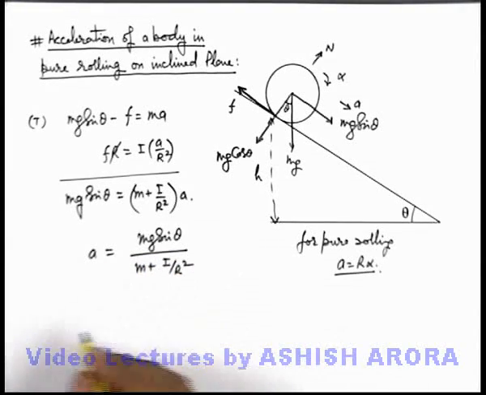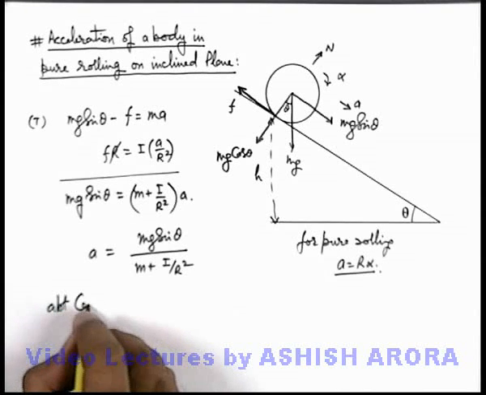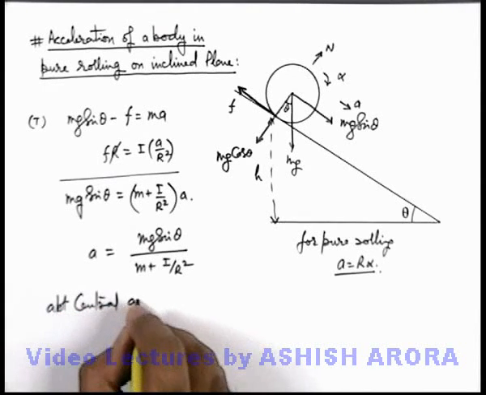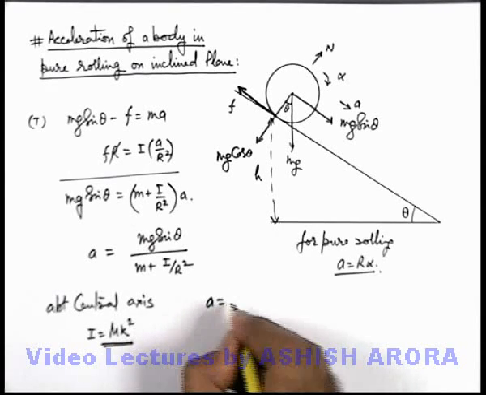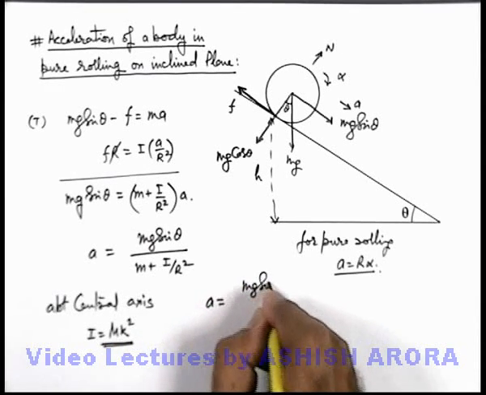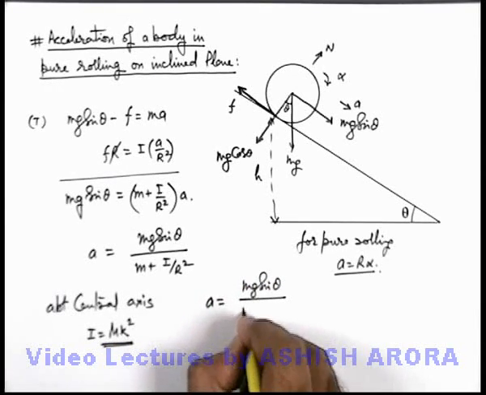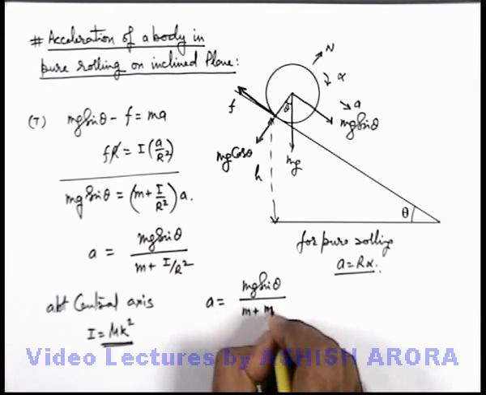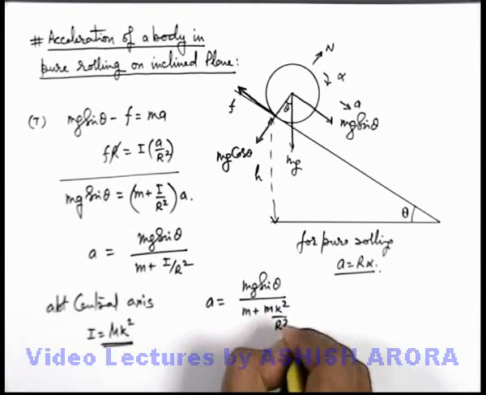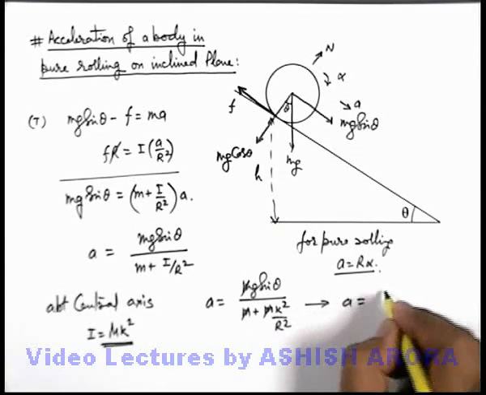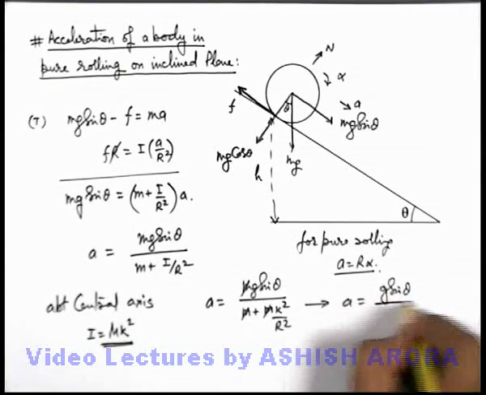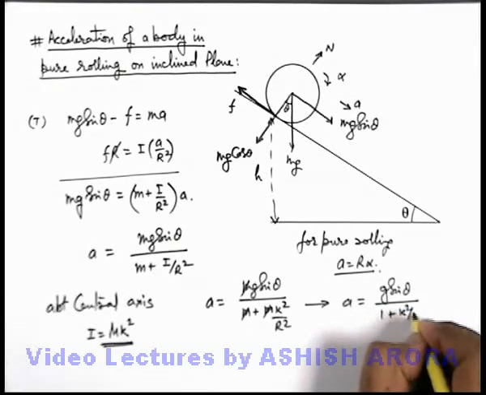For a general body about the central axis, we can write moment of inertia as mk square, where k is the radius of gyration. Then this expression becomes mg sin theta upon m plus mk square by r square. Here m gets cancelled out, and the acceleration we get is g sin theta upon 1 plus k square by r square.